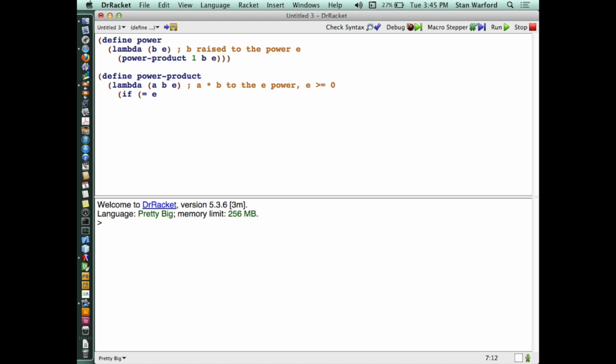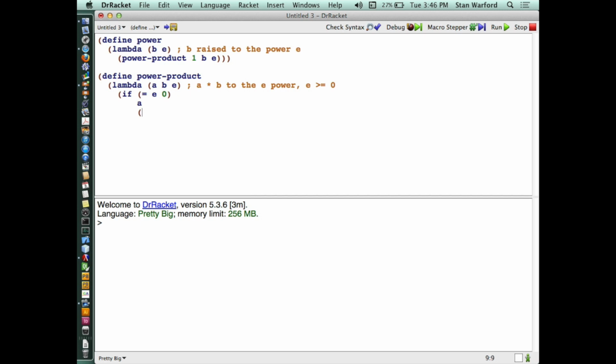B to the 0 power is 1, so what should we return? I think it's A. Otherwise, what? Now do I have to put times, or do I have to put plus? No, because it's tail recursive.